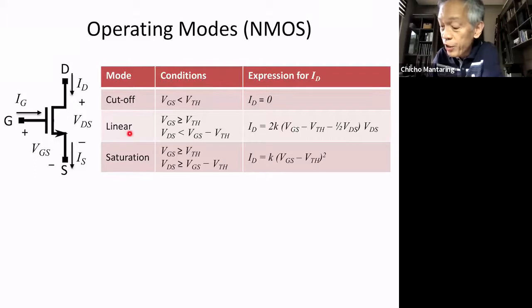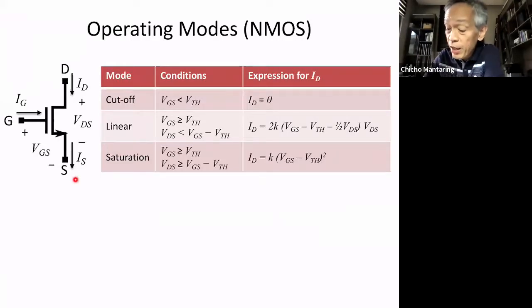Then the linear region, or the resistive region: here VGS is greater than VTH, but VDS is less than VGS minus VTH, and I already gave you this formula for I sub D. And in the saturation region, VDS is greater than or equal to VGS minus VTH, and your current is no longer a function of VDS. It only depends now on VGS.